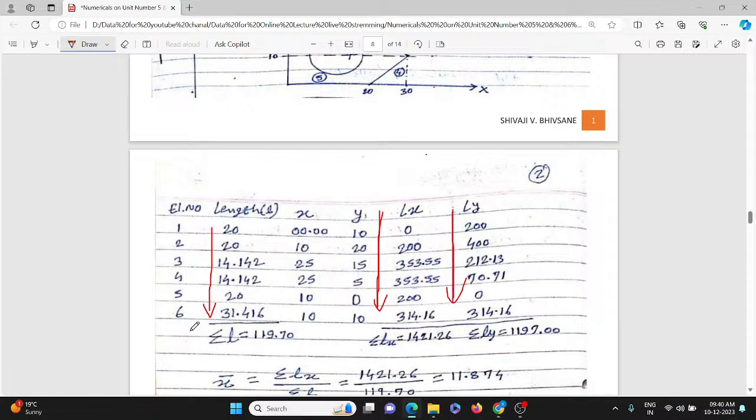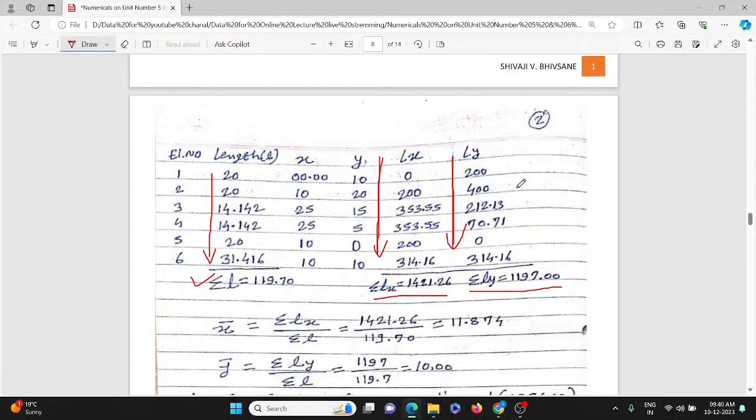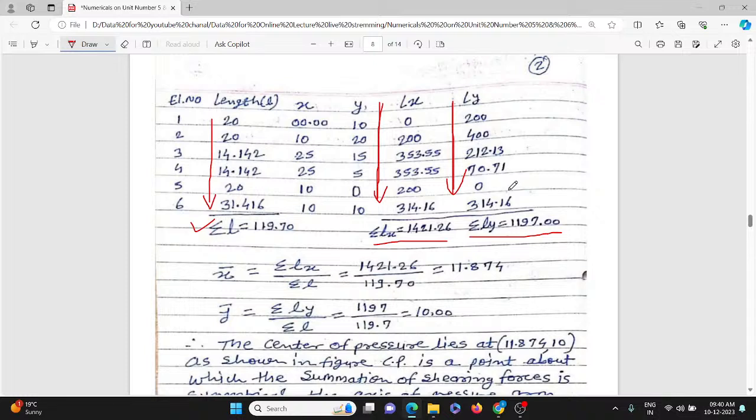Here you can see we have calculated summation L, that is 119.70, then summation Lx, that is 1421.26, and summation Ly, that is 1197.70.